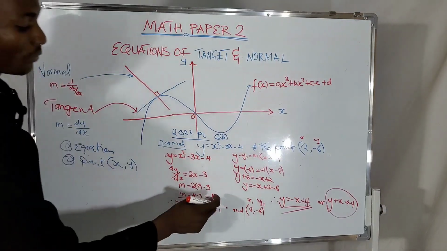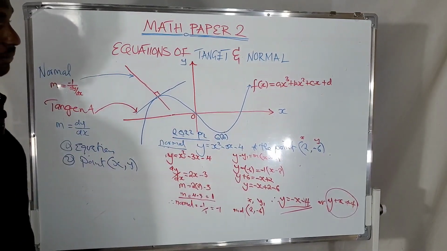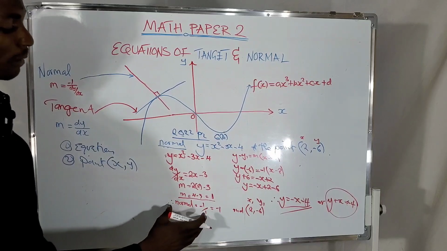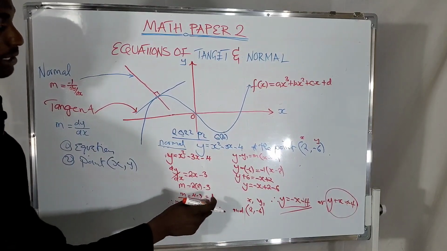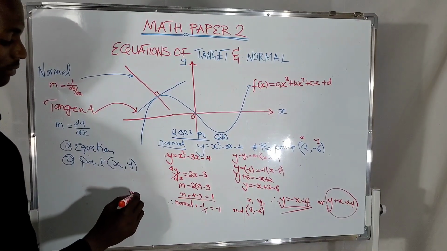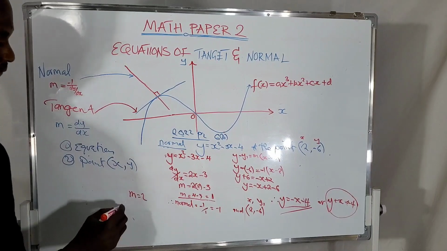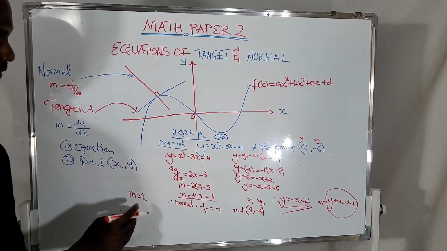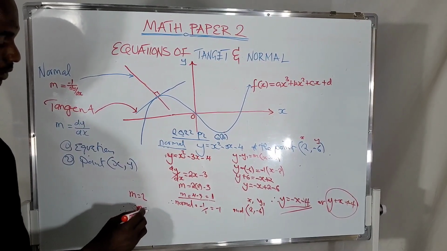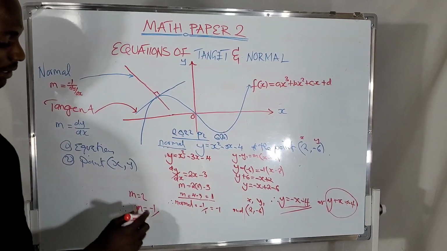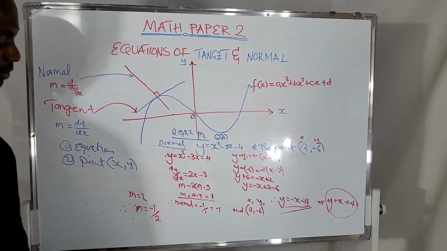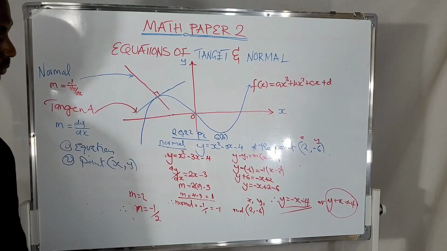Whatever gradient you find, that is the tangent. But for the normal, if the gradient you find is 2, then m equals negative 1 over 2.